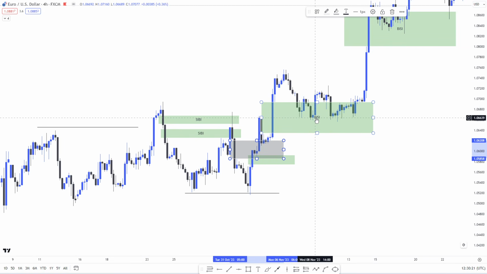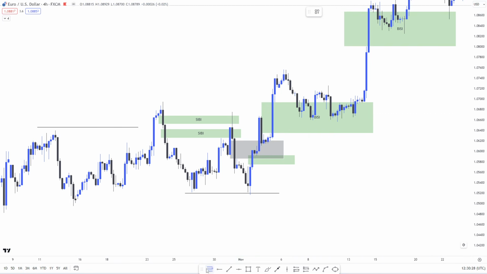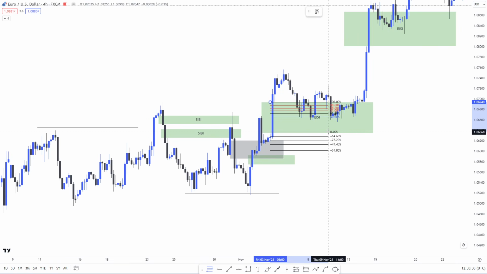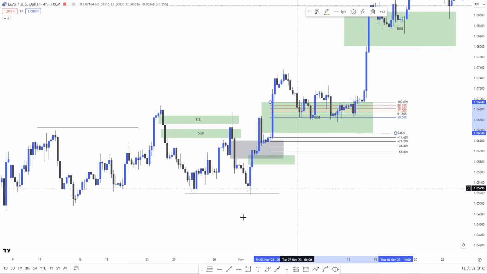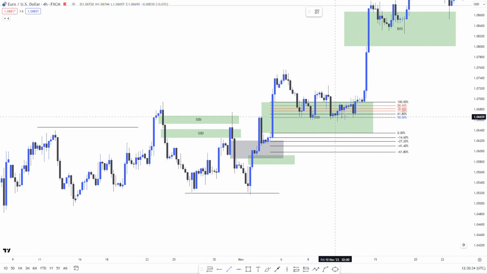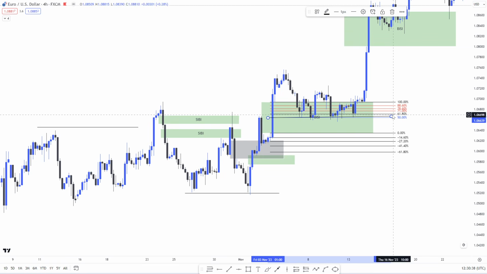What is price doing when it gets into there? Respecting it and then pushing higher. The fact that it didn't come down and fill all of it, but the fact that it did come down to at least the 50% level is showing you that there is willingness to take this thing to the upside.